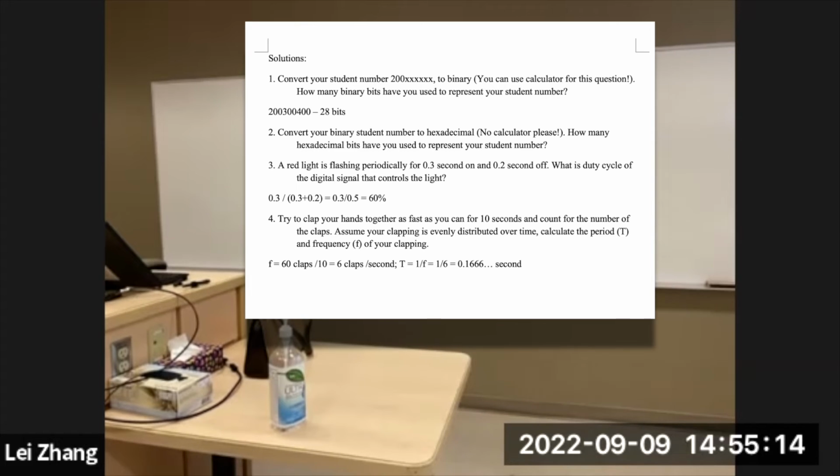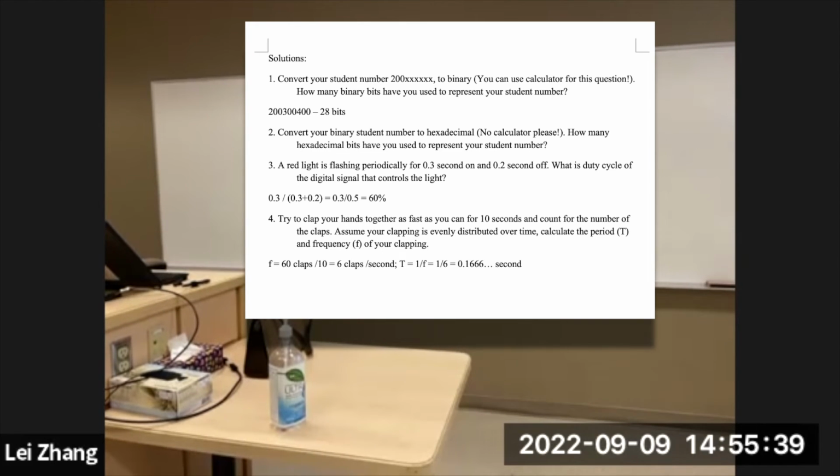So the last question was about clapping. The reason was to clap for 10 seconds, not 1 second. It's exactly related to the question Max asked me earlier. Do we assume that the clapping is evenly distributed?